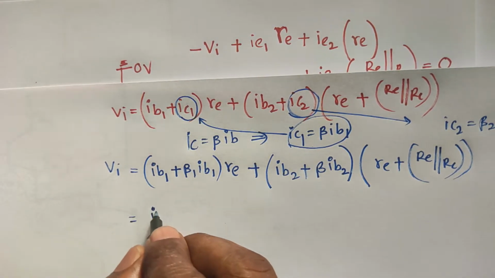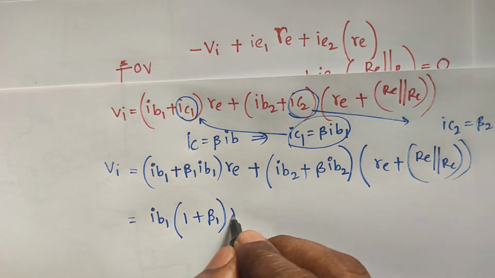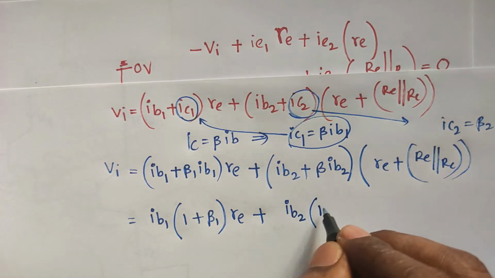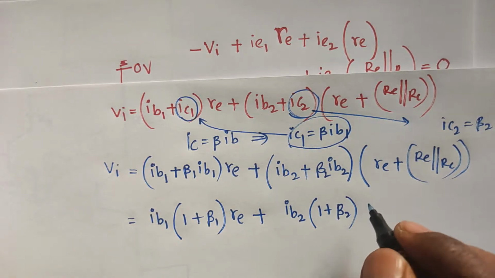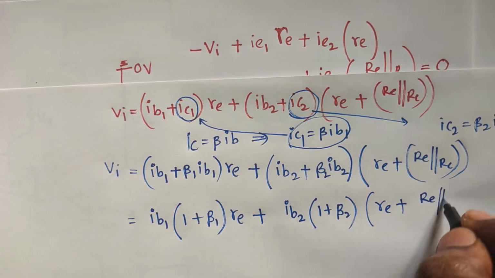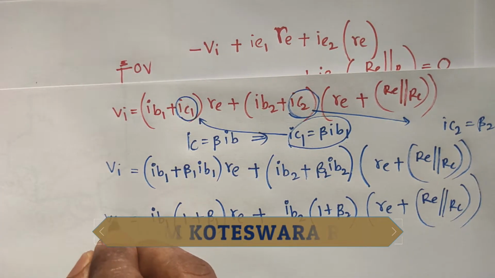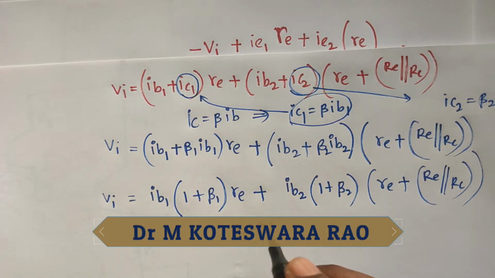In this function, IB1 is common, that is 1 plus beta 1 into RE plus here IB2 is common, that is 1 plus beta 2 into RE plus RE is parallel with RC. So this is actual VA value. In this function, here beta 1 value is very, very greater than 1.